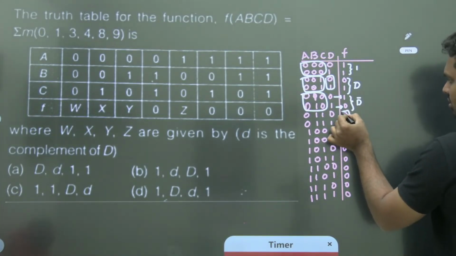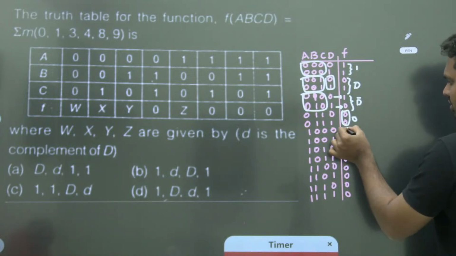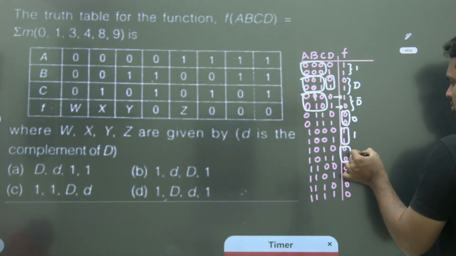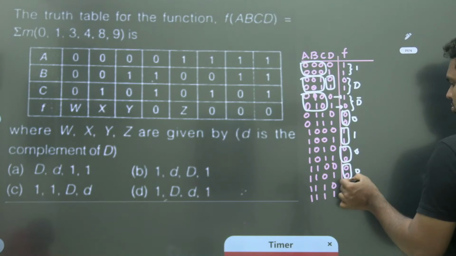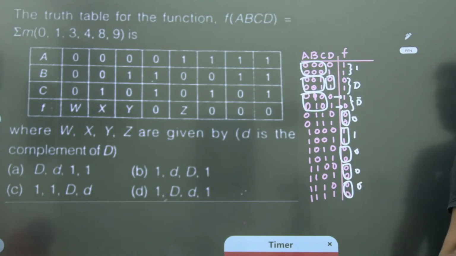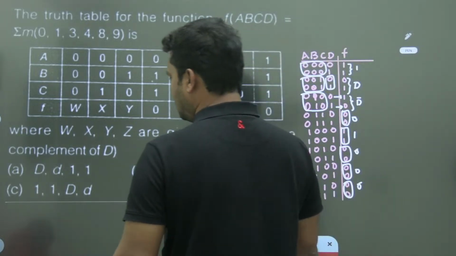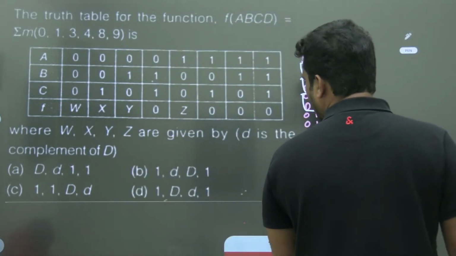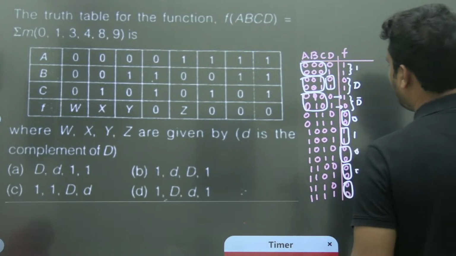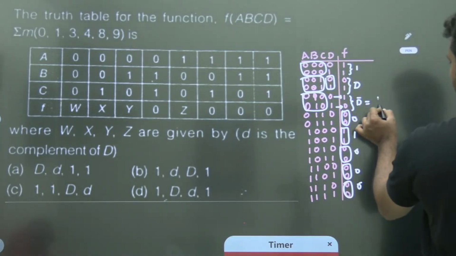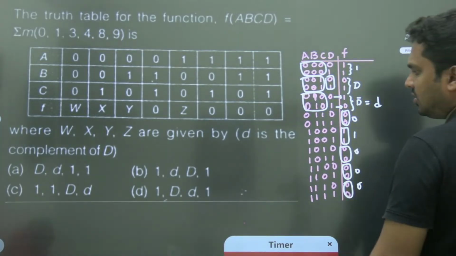Here it is 0 permanently, 0 permanently, 0. So 1, D bar, 1, D, D bar, 0, 1, D. Here small d is the complement of D. So 1, capital D, small d, 1.